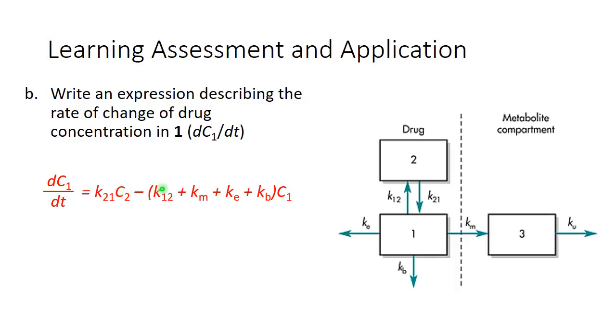If we made C2 really, really high, this negative term would become less and less relevant if we had a very large amount of drug in compartment 2, and that constant doesn't change because it is a constant. So C2 times K21 might be massive. So ultimately, the change in drug concentration in compartment 1 would be a positive number, so it would be increasing the concentration in compartment 1 over time.